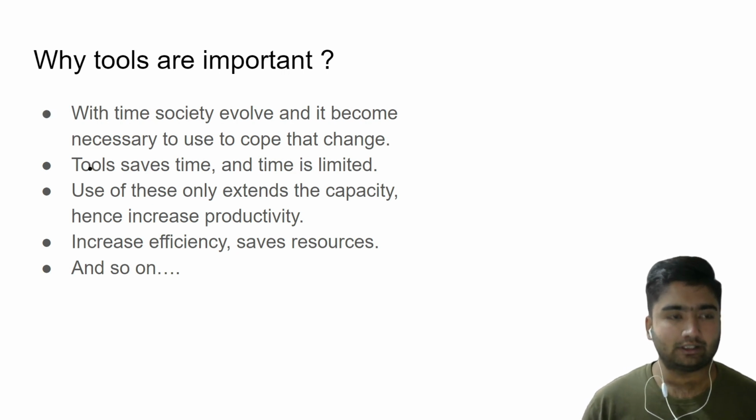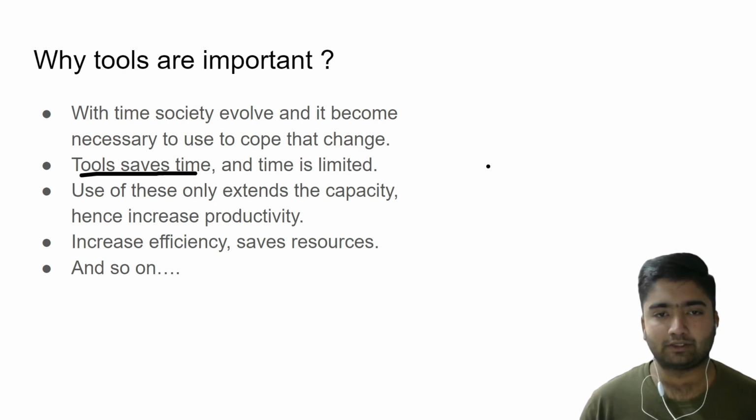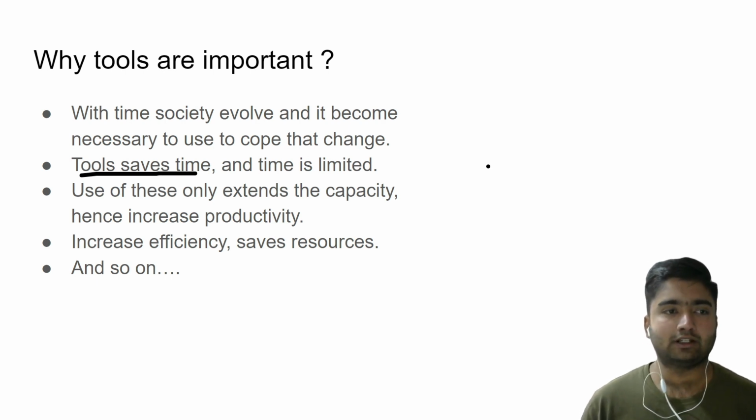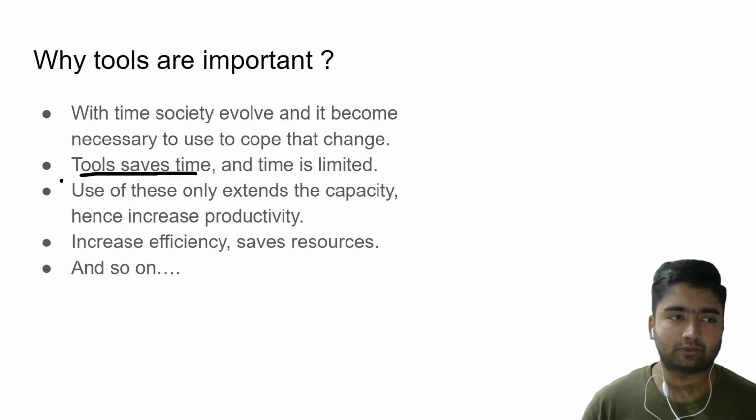Next is that tools save time, and the same is the example of the car. If we use the car, our time gets saved, and we have limited time. Like if we have around 60 years to live on average, if we use tools, then time is saved and can be better utilized for something else.